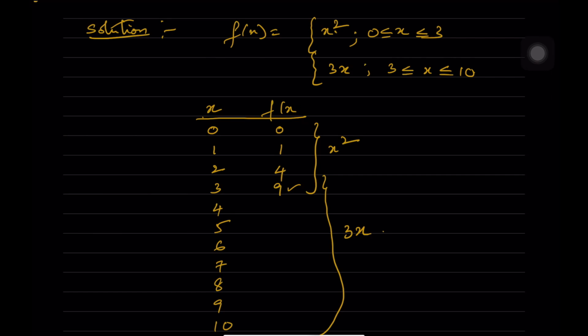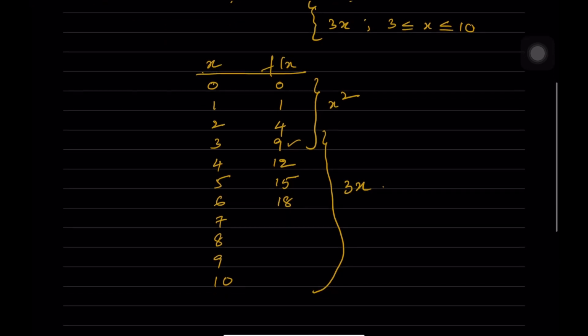When x is 4, 3 4s are 12. When x is 5, 3 5s are 15. When x is 6, it is 18. Then 3 7s are 21, 3 8s are 24, 3 9s are 27, and 3 10s are 30.